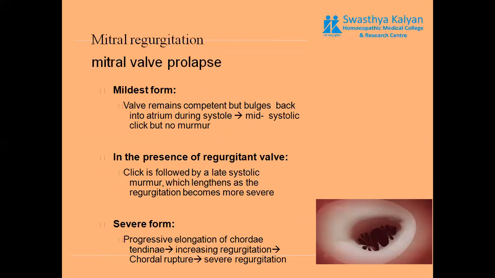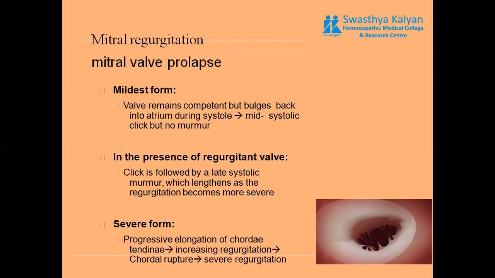Mitral valve prolapse in its mildest form will lead to a valve that remains competent but bulges back into the atrium during systole, in which a mild systolic click but not a murmur would be heard. In the presence of regurgitation, the click is followed by a late systolic murmur, which lengthens as the regurgitation becomes more severe.